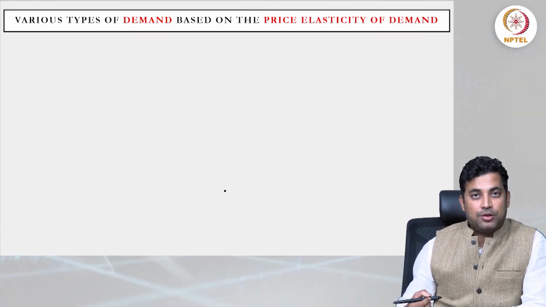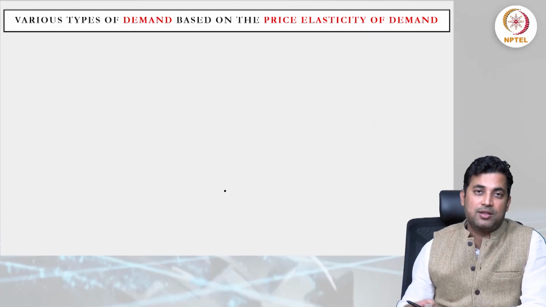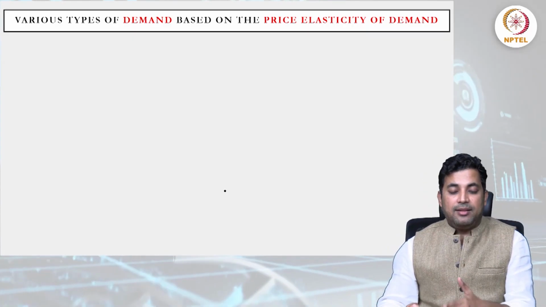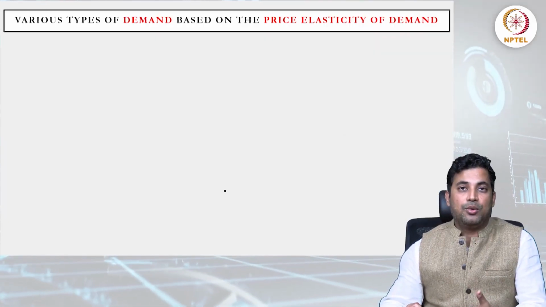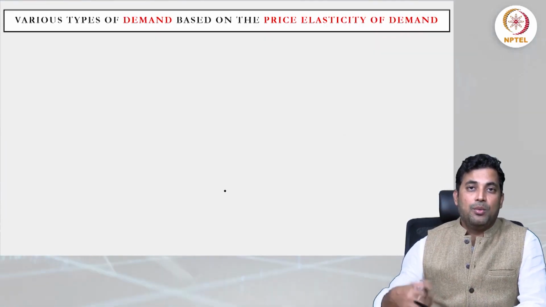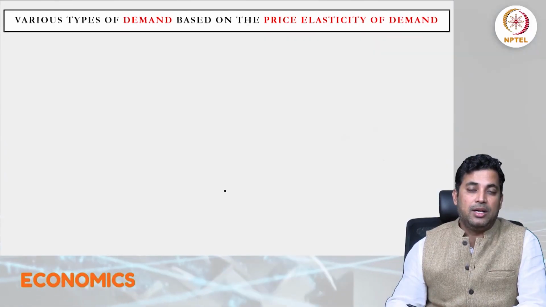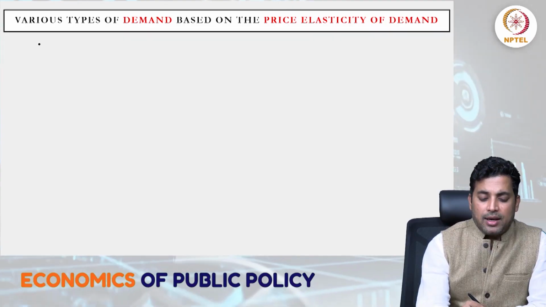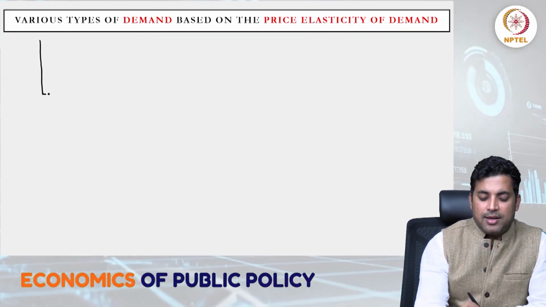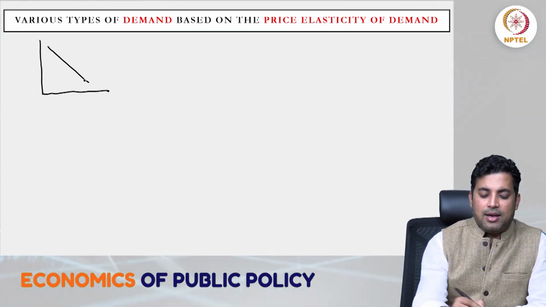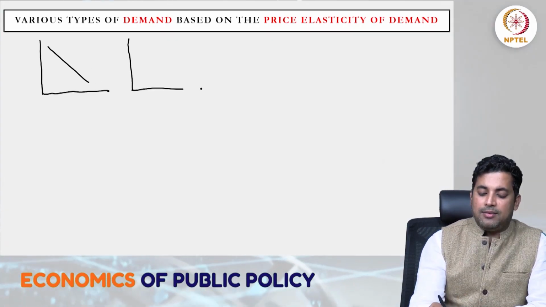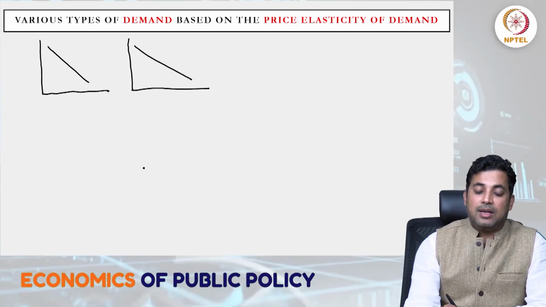So the demand curve will also change, because quantity demanded will be price sensitive, and the demand curve accordingly will have different shapes, which eventually leads to changes in the market equilibrium. So we can take various cases, like this is the case where it is unitary, and this is the case where the demand curve is elastic.